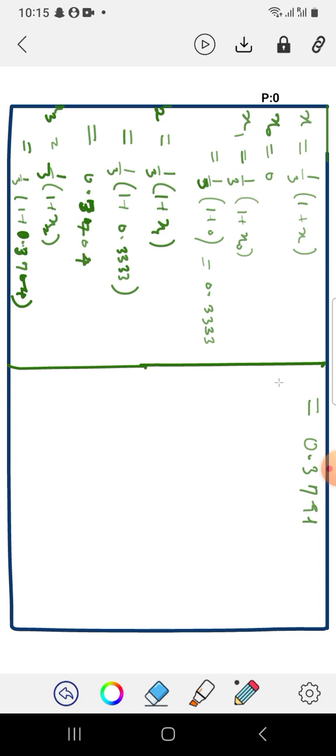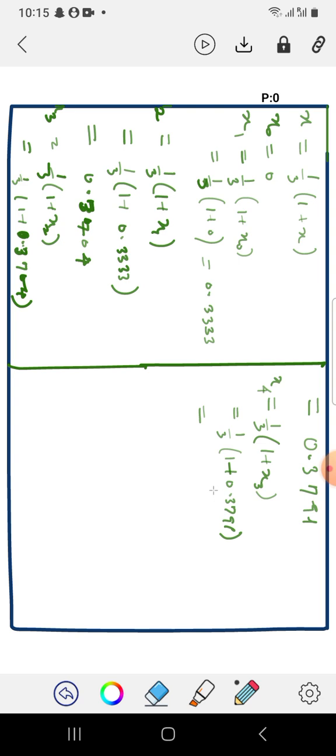Now, x4 is going to be 1 over 3 into 1 plus x3, which is 1 over 3 into 1 plus 0.3791.